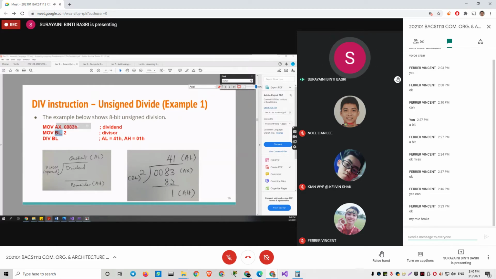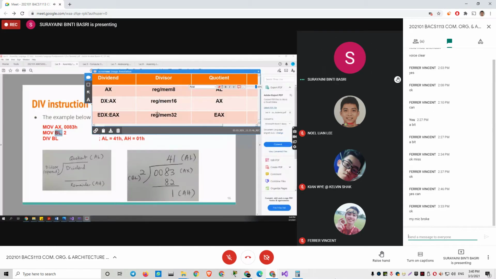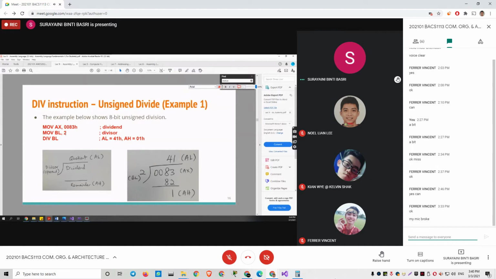Then you just need to use this div syntax, but it must be right after this line of code.